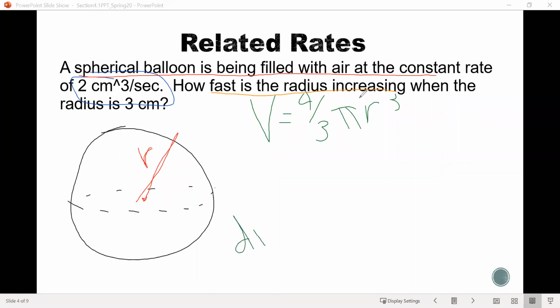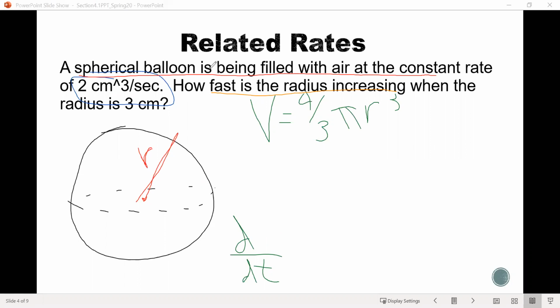So that might be like a dr. And then with respect to what are we looking for this change? Well, probably because the balloon is being filled with air over time, we're trying to find it with respect to t. So what we're looking for here is dr/dt. Okay, and that's supposed to be an r, not a v.